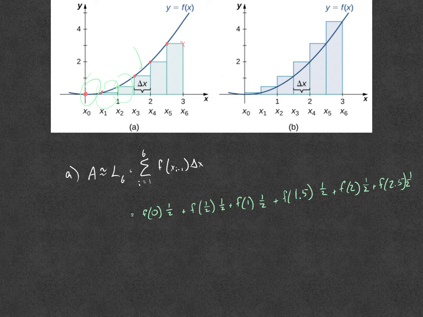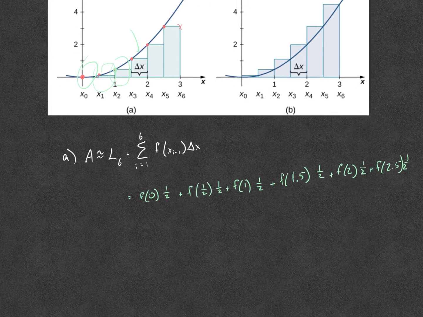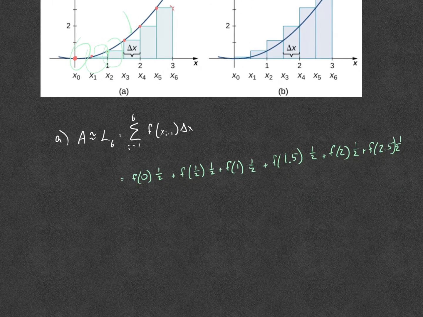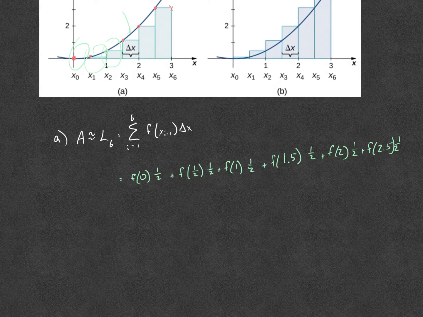All right, now I would definitely go to my calculator for each of these next few pieces. f of 0, though, I can do that. The height at 0, 0 squared over 2, well, that's 0 times a half. When you plug in a half, squared over 2, you get 0.125 times a half. Plug in 1, 1 squared over 2 is 0.5 times 1/2.